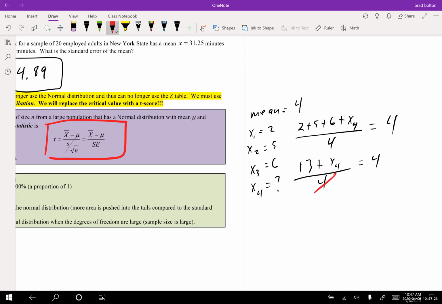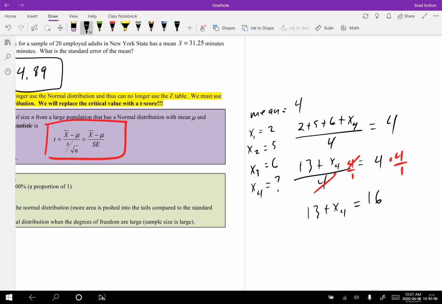Now I'm going to multiply both sides by 4. And you guys aren't going to have to do this. I'm just trying to find a better way to explain it than 6 days a week and 7 days a week. So then this would be 13 plus x4 equals 16.